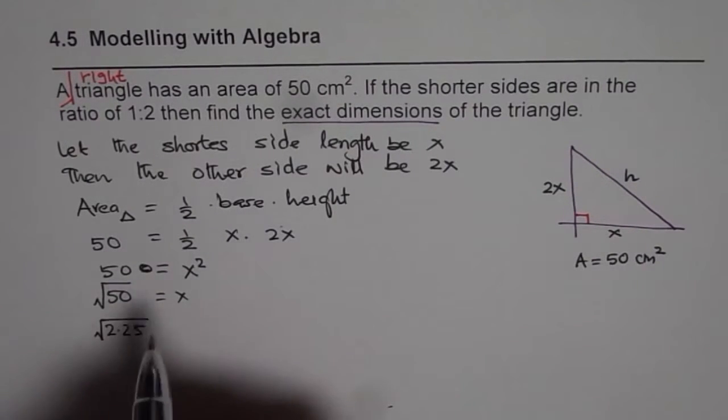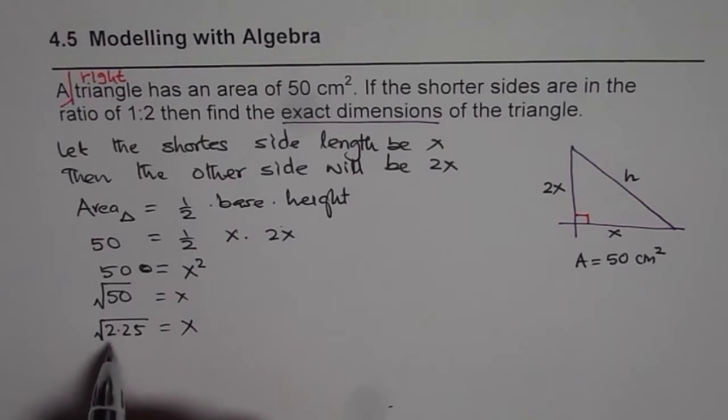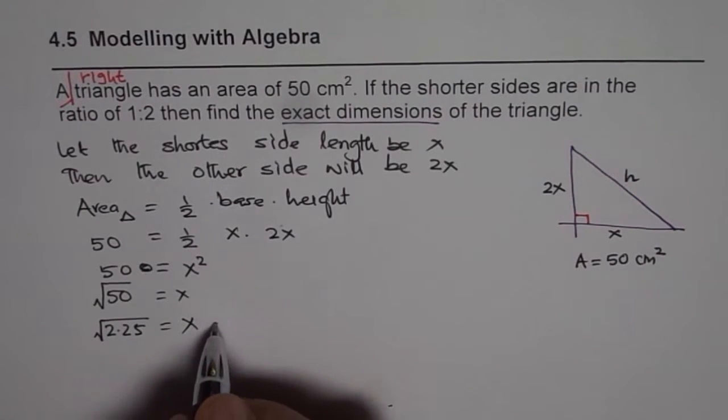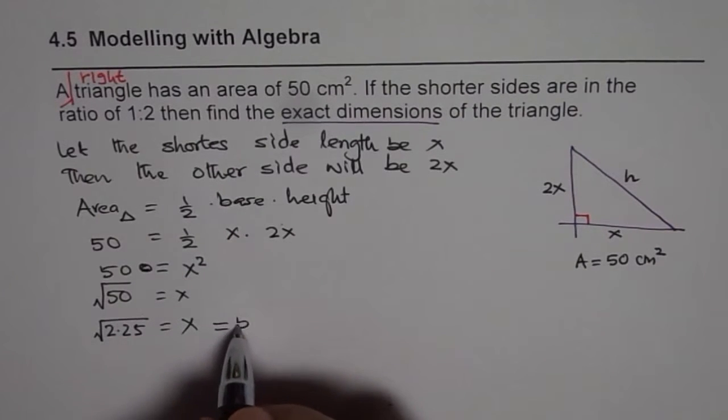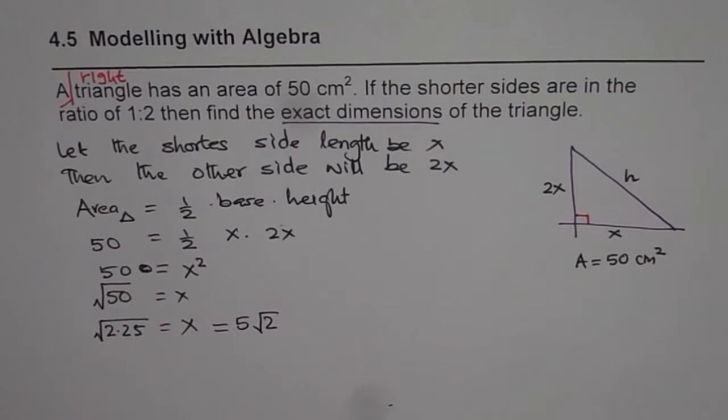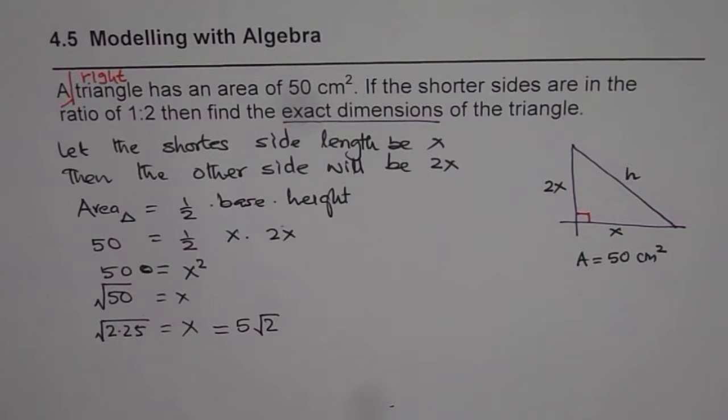And why did I write 2 times 25? 25 is a perfect square, 5 square. So I can write this as 5 square root 2. So that is how we can work with the radicals. I hope you remember that part. So that is how we can write exact values. 5 square root 2, that is the value of x.